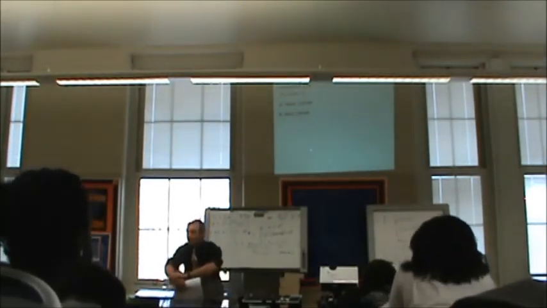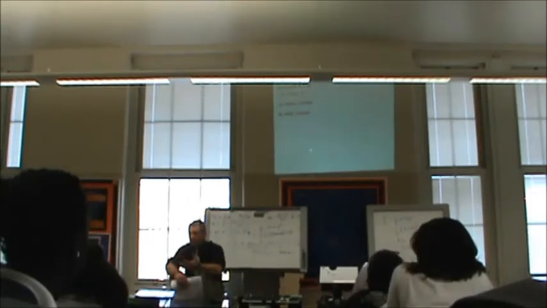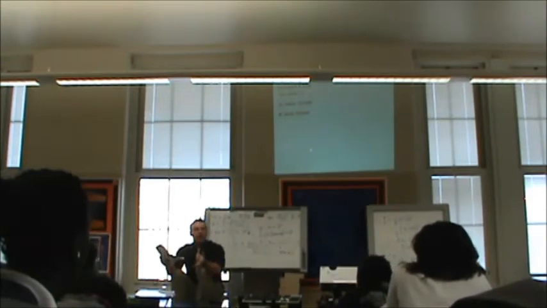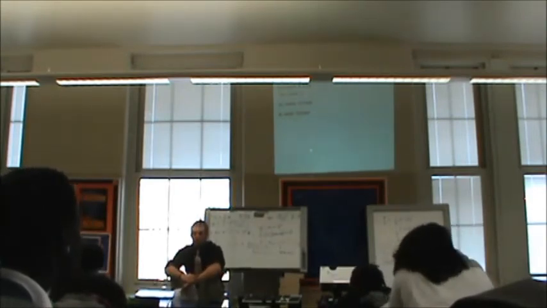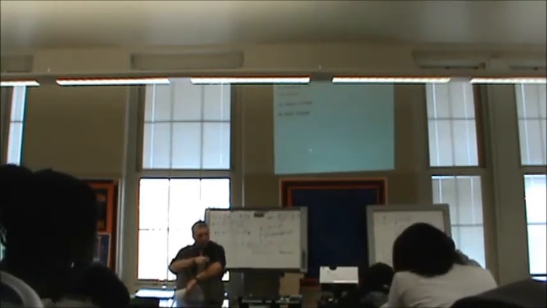So a hollow cylinder and a solid cylinder. Think about it for a second. Is there any mass located in the middle of a hollow cylinder? There's really no mass towards the axis of rotation. All the mass is towards the outside, so that's going to have a high moment of inertia. The solid cylinder is going to have a lower moment of inertia because it will have some of that mass more centrally located.